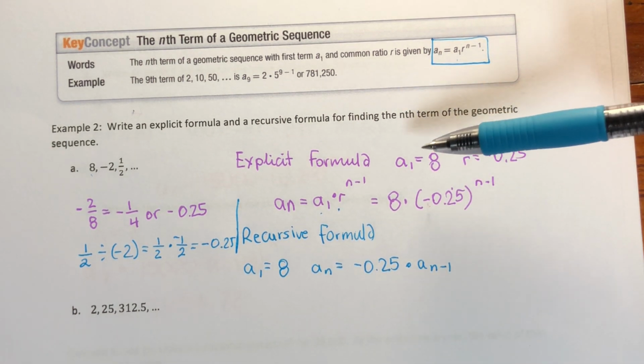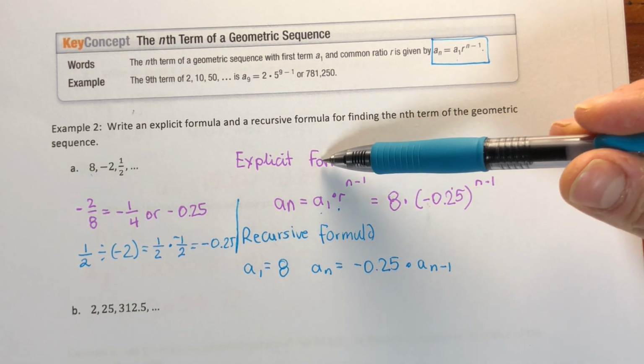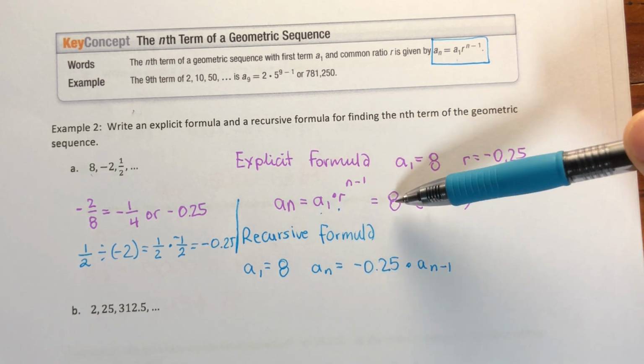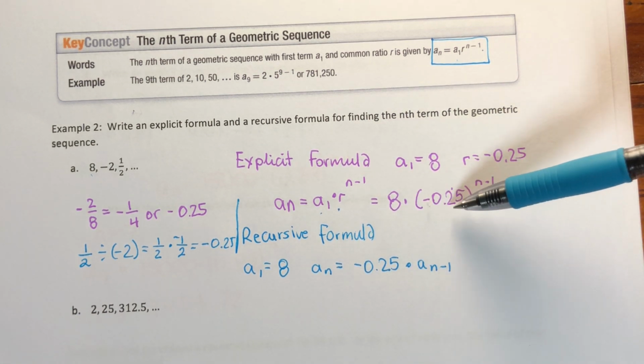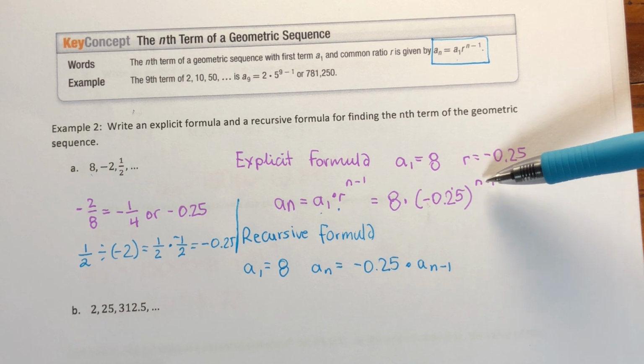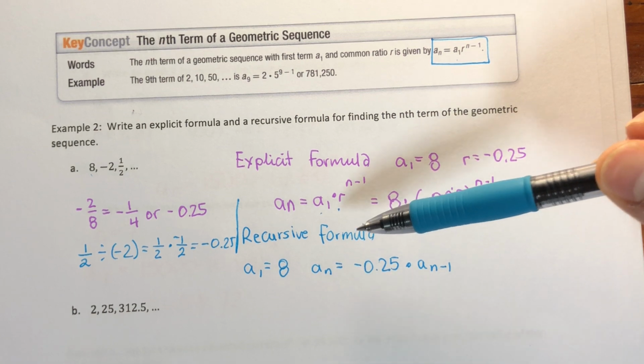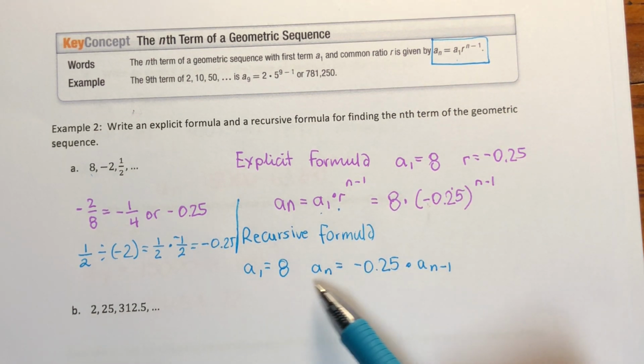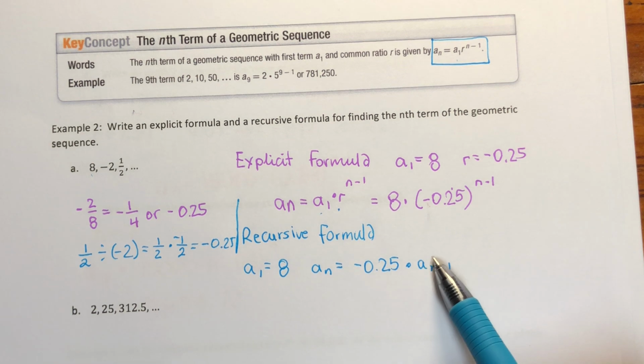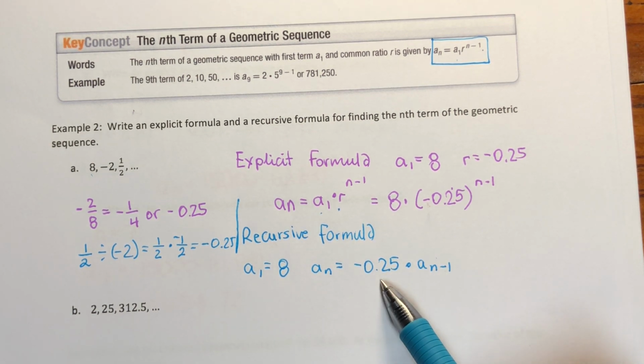For my explicit formula, I have 8 times -0.25 to the power of n-1. And for my recursive formula, I have a 1. So if we think about this, you will take the previous term and multiply it by -0.25.